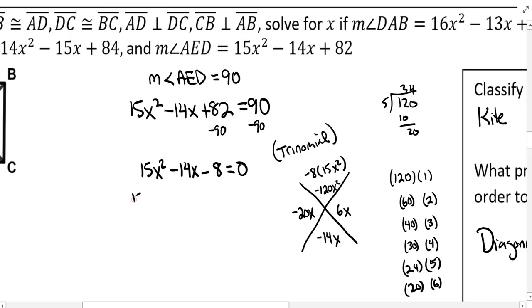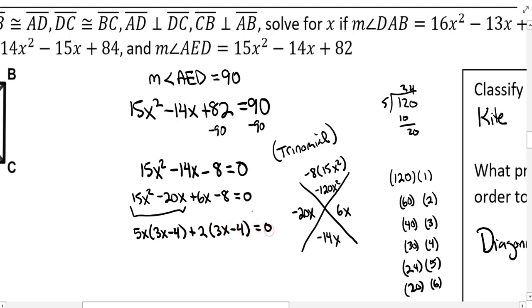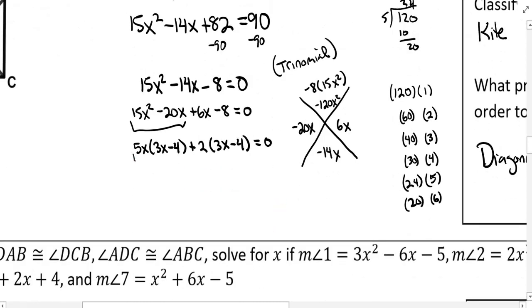So I split this up: 15x squared minus 20x plus 6x minus 8 is equal to 0. Factor by grouping. I'm going to factor out a 5x, and what remains is a 3x minus 4, plus factor out a 2, and what remains is a 3x minus 4. Both terms have a 3x minus 4 in it, so I factor out the 3x minus 4.